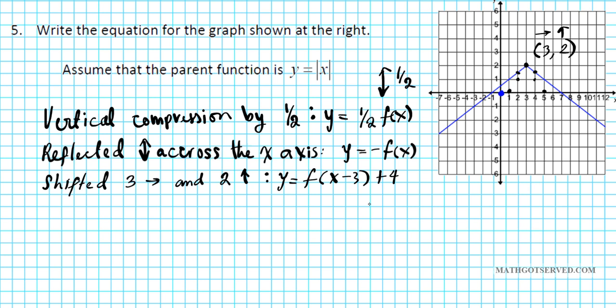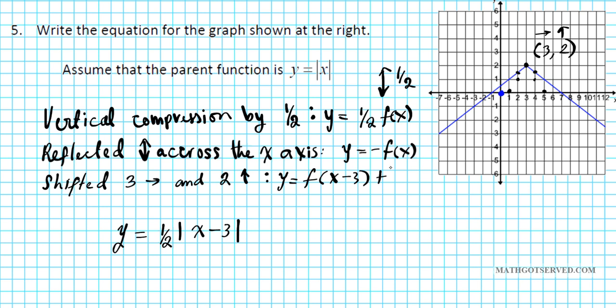Okay, so we're going to assemble all this information into this function right here. The function is the absolute value function. So our result will be y equals, what are we multiplying the function by? 1/2 times the absolute value of x. We are subtracting 3 from the x because we have a 3 units shift to the right. And then we're going to add, I don't know why that's a 4, that should be 2, because we're going up 2 units, right?